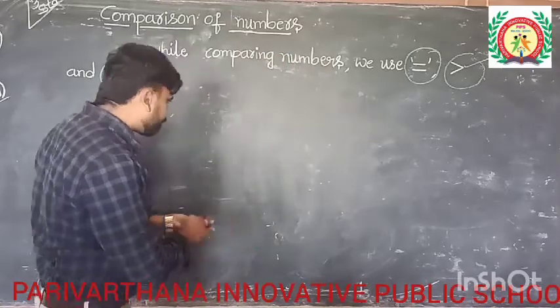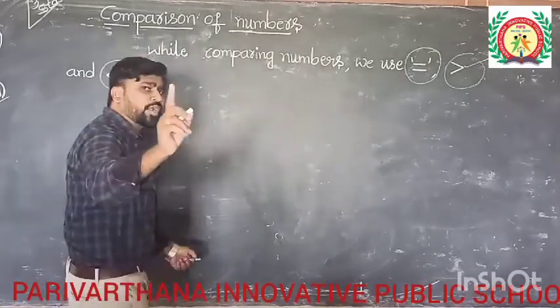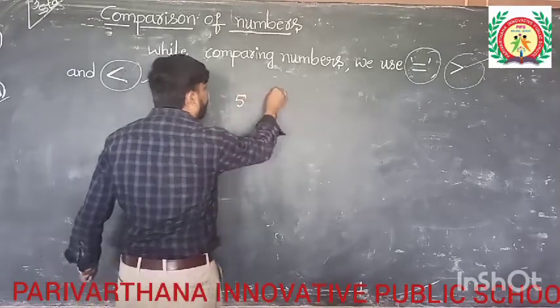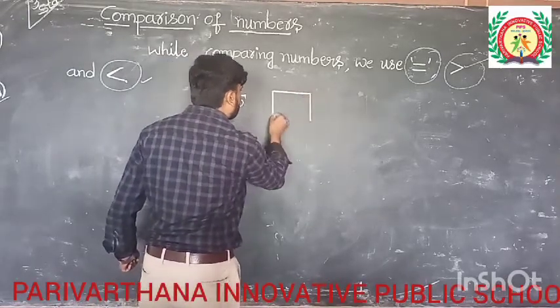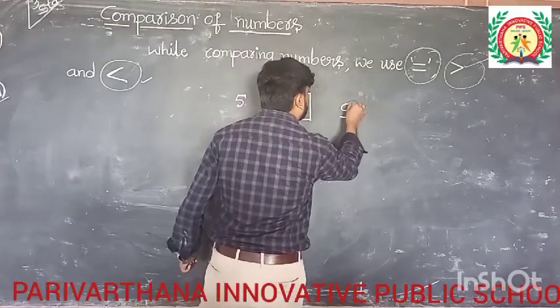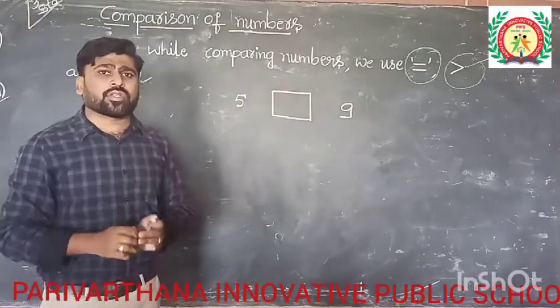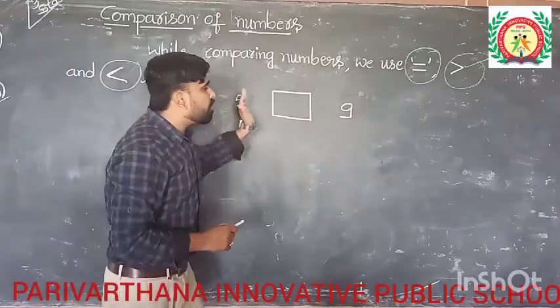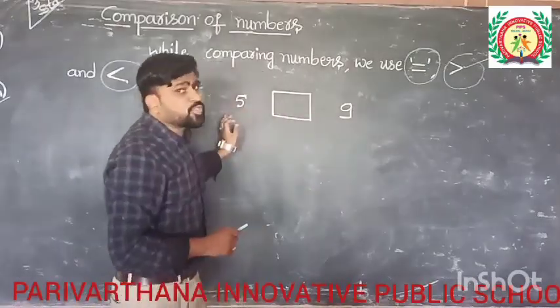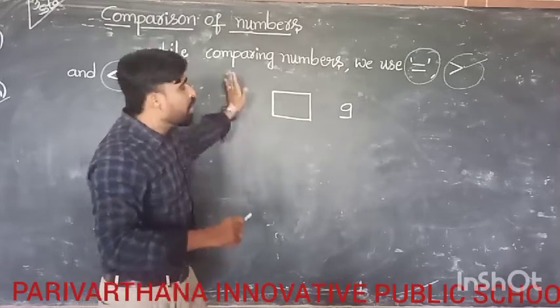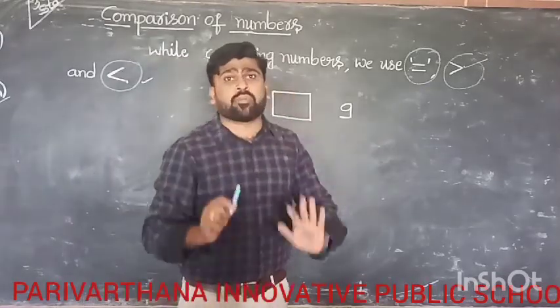Now listen here. I will take first a one-digit number. First it is 5, and 9. You already know that comparing 5 and 9, 5 is the small number and 9 is the big number.